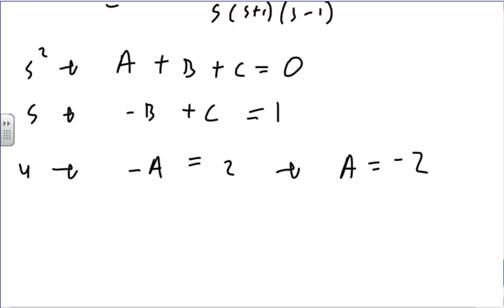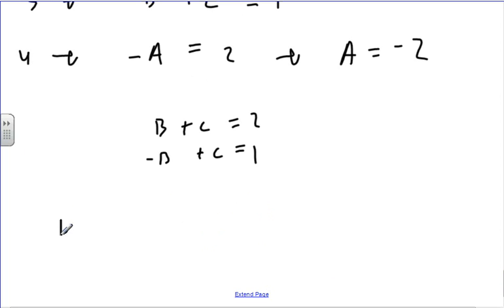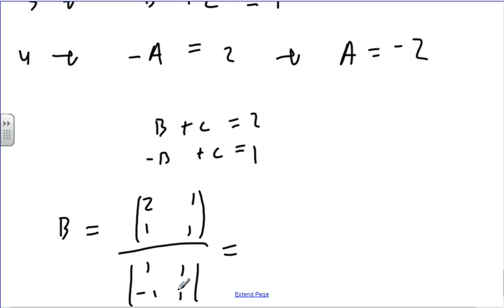Okay, so I got a is minus 2. B plus c is 2. Minus b plus c is 1. So I got that b is 1 over 2, so b is a half. All right, so if b is a half, then c is 3 over 2.